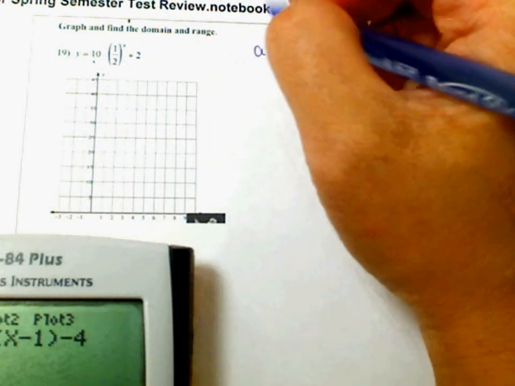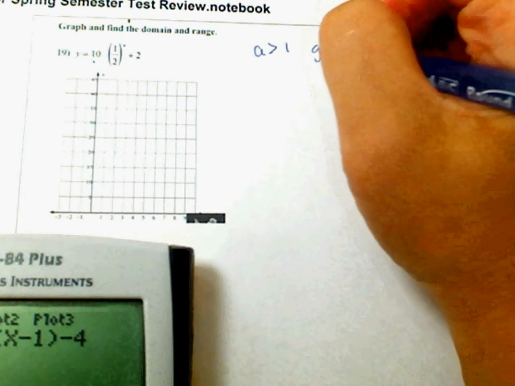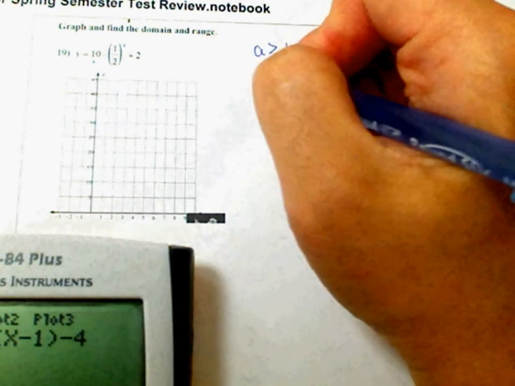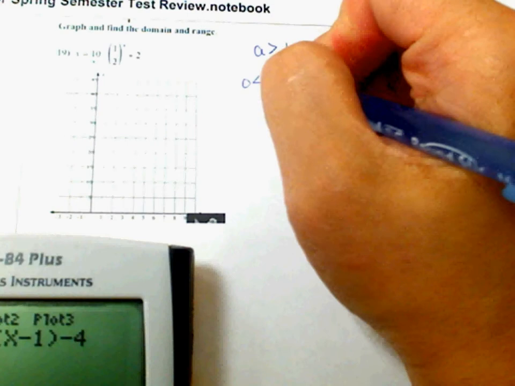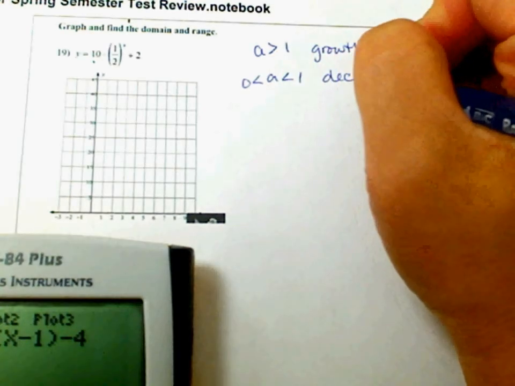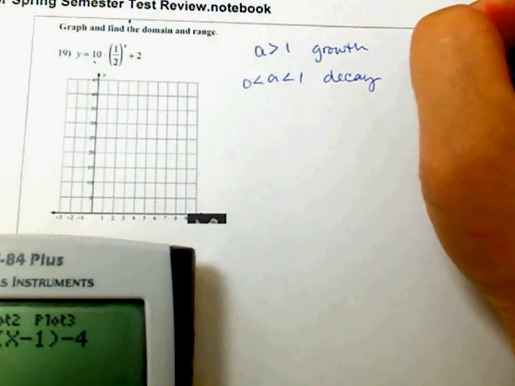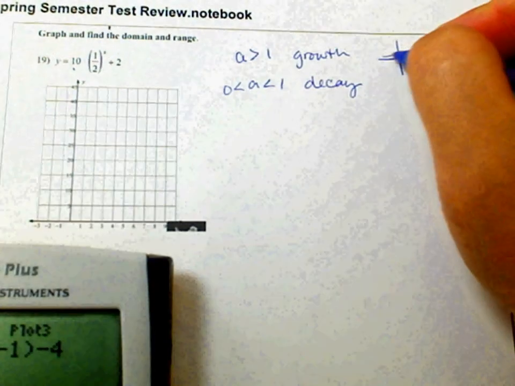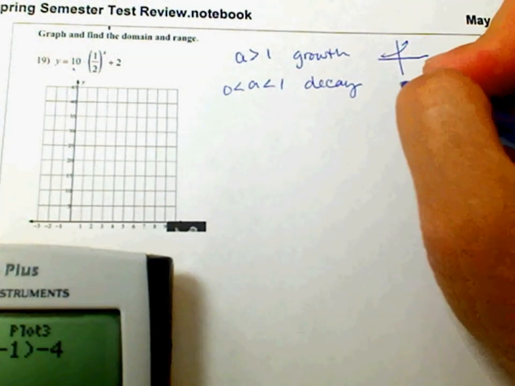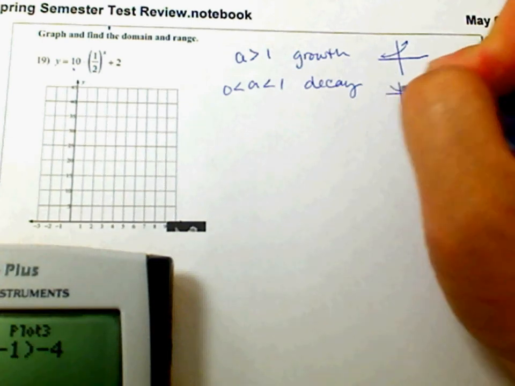If your A is between 0 and 1, you are going to have a decay. And a growth graph looks like this. See how it's going up? And a decay graph is going down. So as you can see, it's always crossing at 0, 1, unless there's a change.